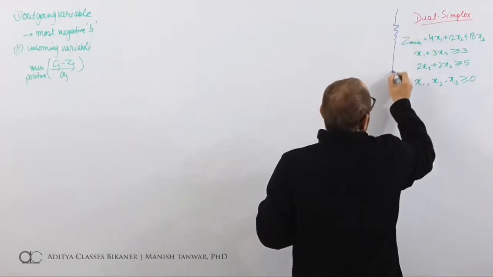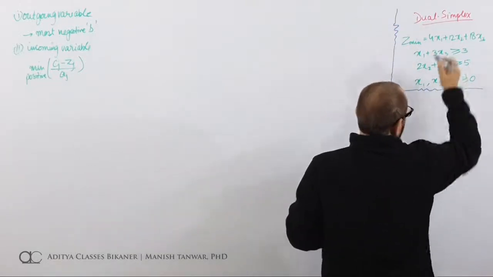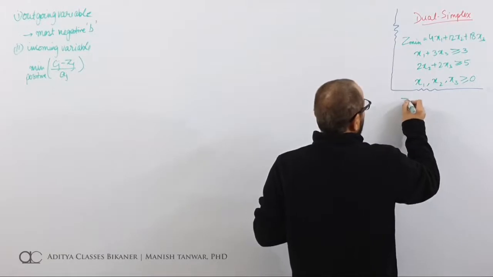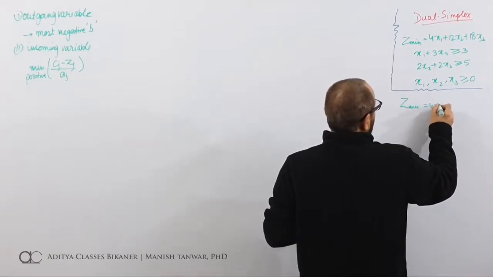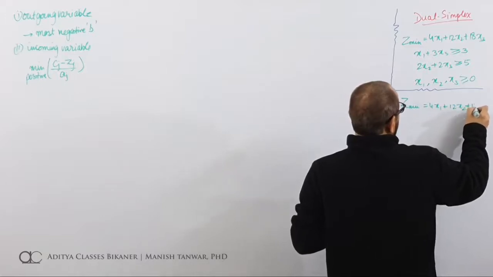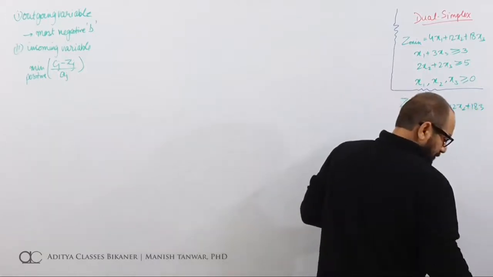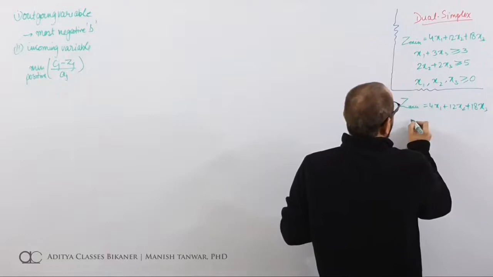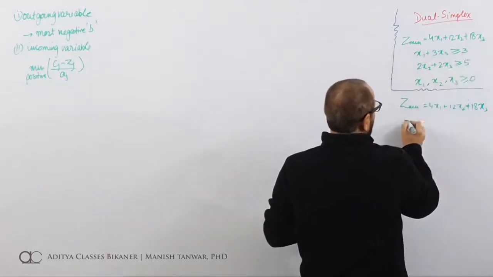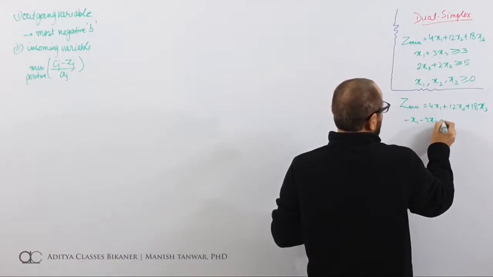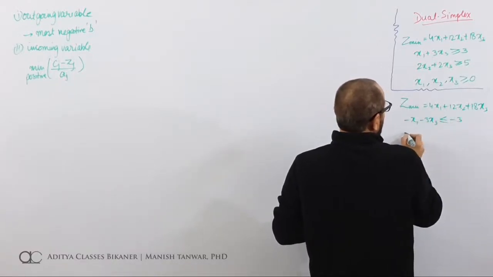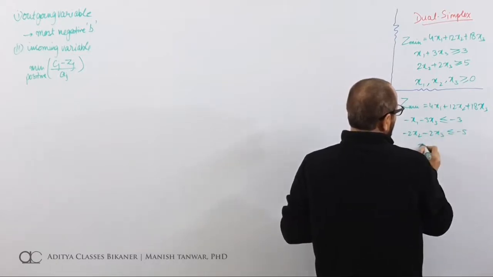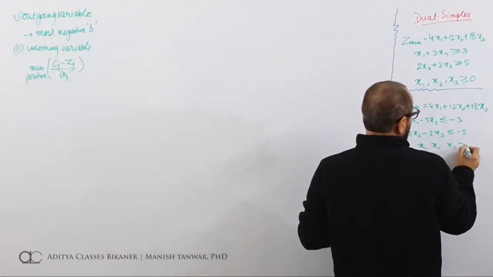Now because we wish to solve this question using the dual-simplex method, we'll convert these inequalities into less than or equal to kind of inequalities, thereby changing our problem to Z-min is equal to 4x1 plus 12x2 plus 18x3, and multiplying the complete equation by minus 1, I will get minus x1 minus 3x3 less than or equal to minus 3, minus 2x2 minus 2x3 less than or equal to minus 5, x1, x2 and x3 greater than or equal to 0.